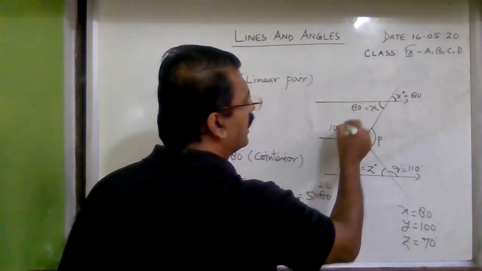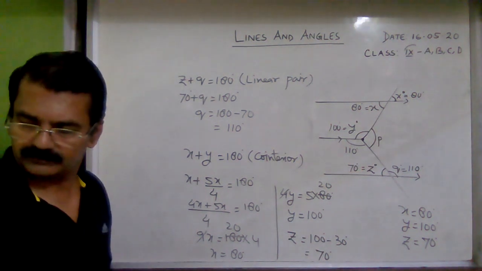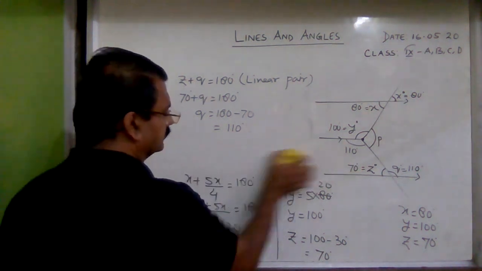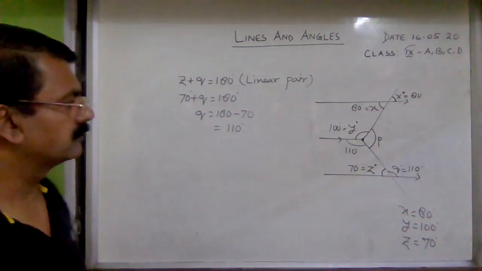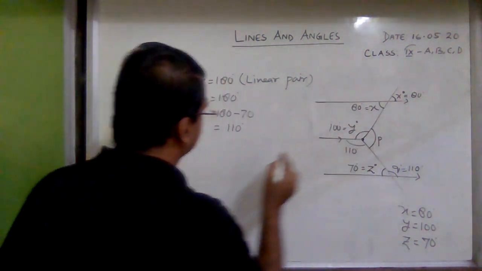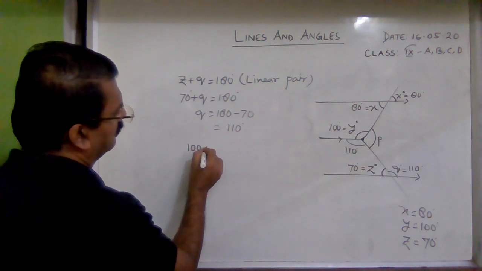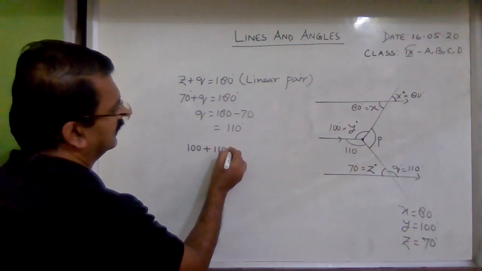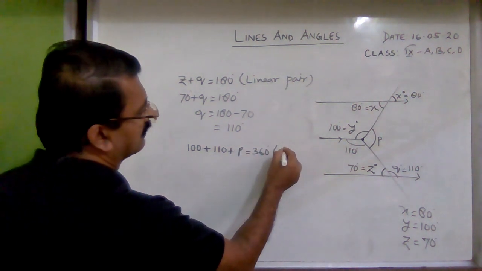Now about a point the total angle is 360. That means 100 plus 110 plus P is equal to 360, complete angle.